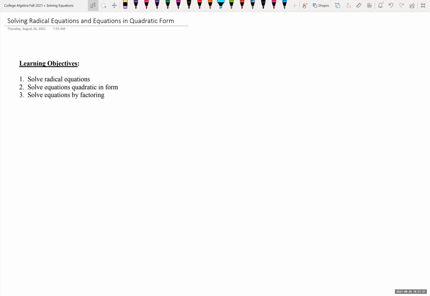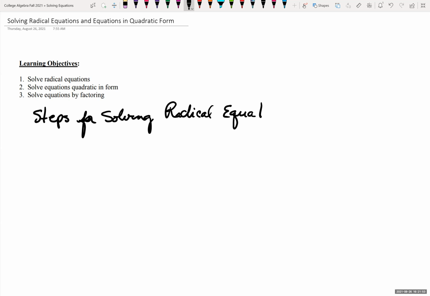Okay, so steps for solving radical equations. So first thing that you want to do, if you have a radical inside your equation, you want to isolate. There might be more than one radical, but you want to isolate one of the radicals on one side of the equation and get everything else to the other side of the equation.